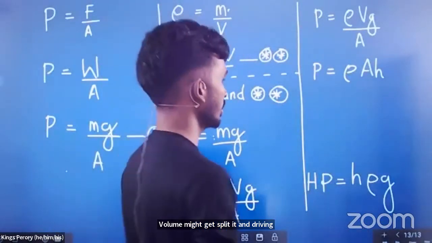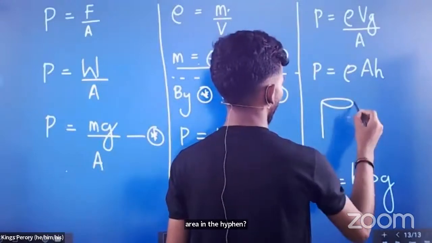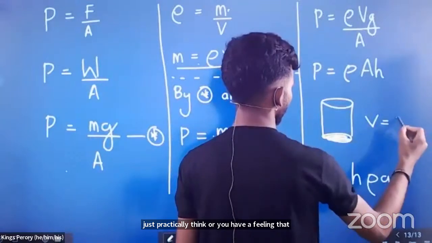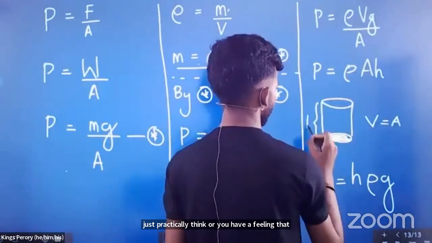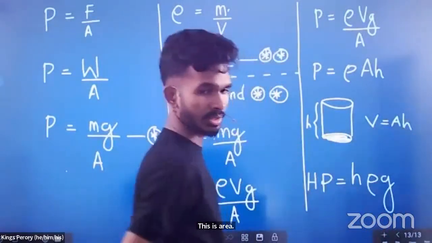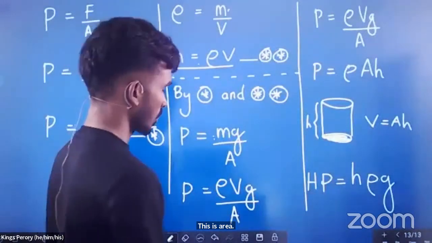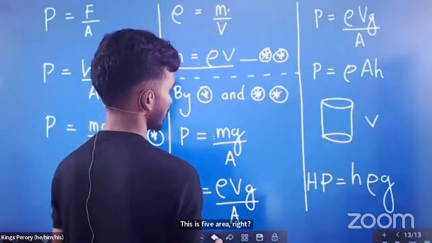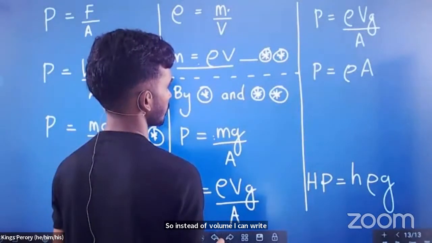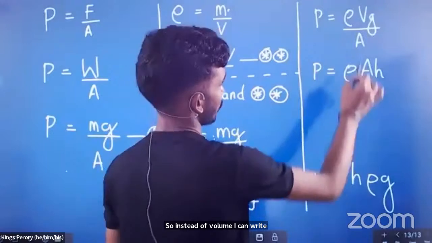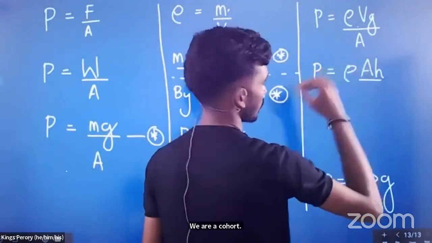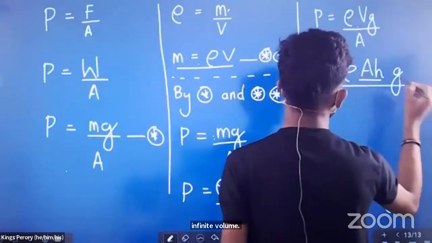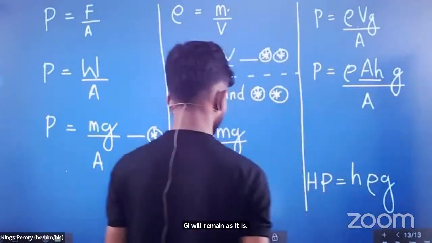Just practically think, volume of a cylinder. This is area, this is height. So instead of volume I can write area into height. g will remain as it is, divided by area, which will remain as it is.